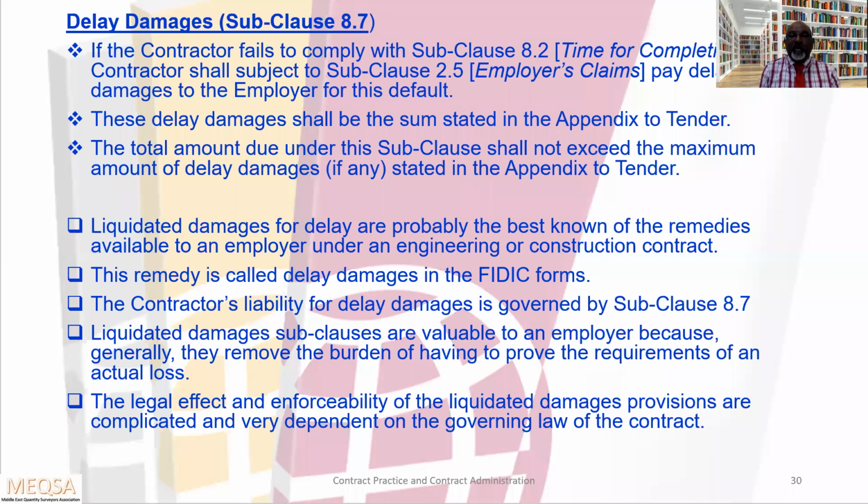Liquidated damages subclauses are valuable to an employer because generally they remove the burden of having to prove the requirement of an actual loss. This is most important. The legal effect and enforceability of the liquidated damages provisions are complicated and very dependent on the governing law of the contract.